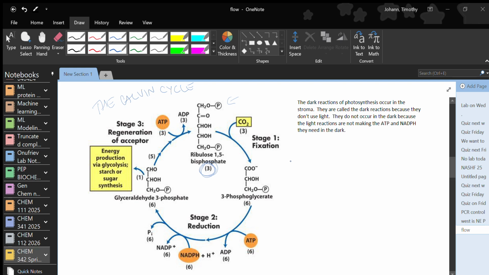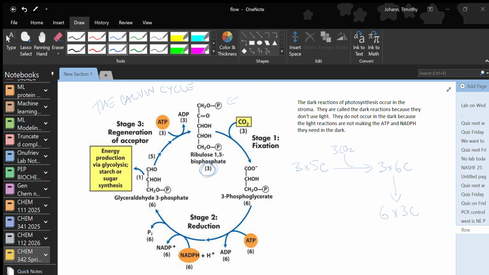We start with 3 times 5 carbon molecules. We take 3 carbon dioxide and we add 1 to each, and we end up with 3 times 6 carbon molecules. Those break down to make 6 times 3 carbon molecules. The 3 6 carbon molecules split in half, so we now have 6 3 carbon molecules. And then we regenerate these 3 5 carbon molecules and we take 1 times 3 carbon molecule off.